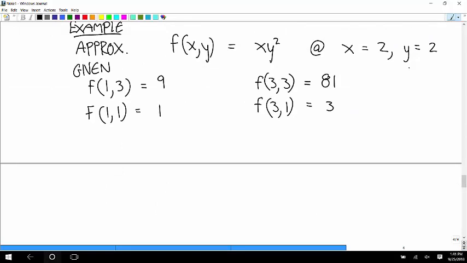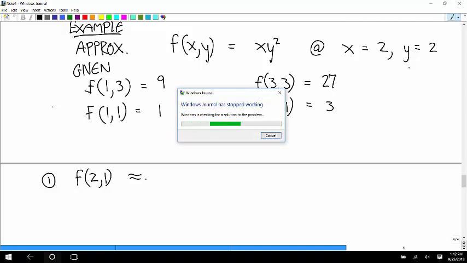Okay, so the first step is we're going to approximate f of 2, 1. 27. Yep. Thank you. That would have screwed everything up. Okay, so the first thing we're going to do is approximate f of 2, 1.